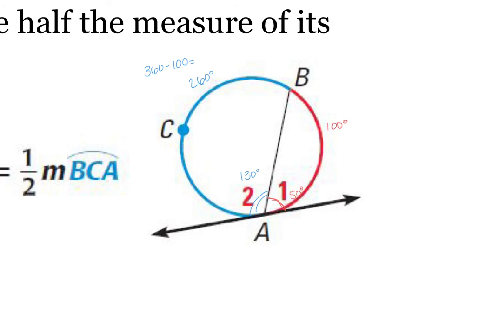What do you guys think? Should angle 2 and angle 1 add up to 180? Yeah. Okay, but why? Because 130 plus 50 equals 180. But why should they add up to 180? Yeah, they're supplementary. They're a linear pair, okay?